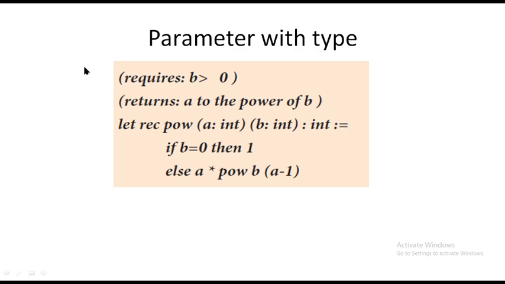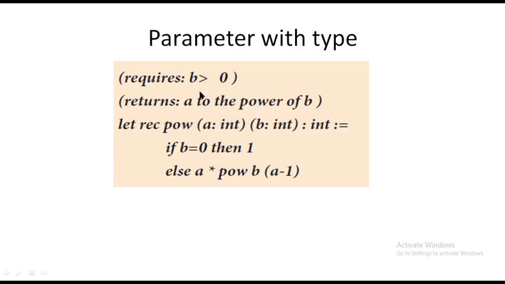Next one is parameter with type. The same syntax they have used here. Requires b should be greater than 0, returns a to the power of b. It should return a to the power of b.